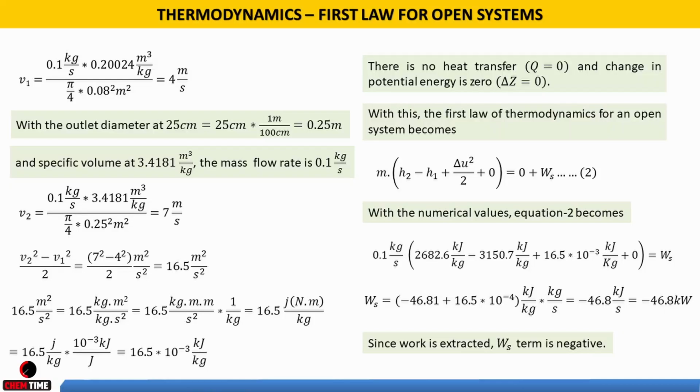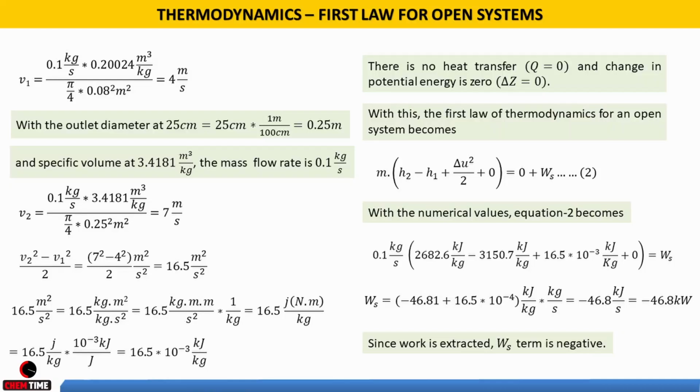With this, the first law of thermodynamics for an open system under steady state conditions becomes m dot into (H2 minus H1) plus delta U square by 2 plus 0 is equal to 0 plus W. With the calculated and given numerical values, the equation becomes mass flow rate is 0.1 kg per second into 2682.6 kilojoules per kg, that is exit enthalpy, minus 3150.7 kilojoules per kg, that is inlet enthalpy, plus 16.5 into 10 power minus 3 kilojoules per kg, that is change in kinetic energy.